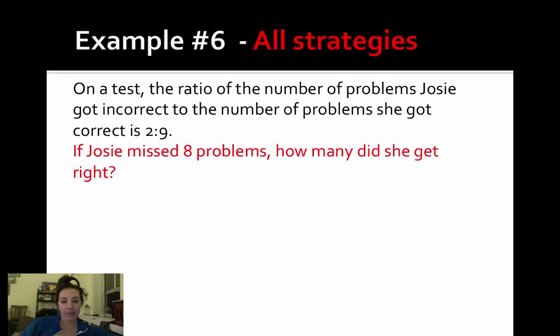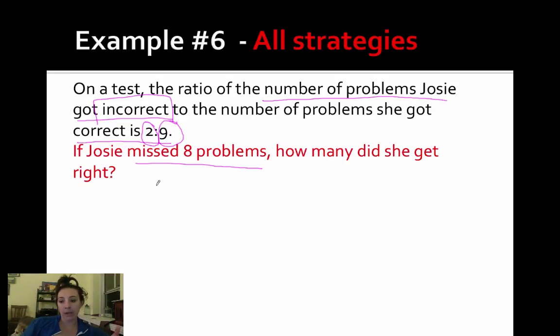On a test, the ratio of the number of problems Josie got incorrect, that means wrong, to the number of problems she got correct is 2 to 9. So 2 is incorrect, 9 is correct. If Josie missed 8 problems, which would be incorrect, how many did she get right? So we know that she got 8 incorrect. How many did she get correct?